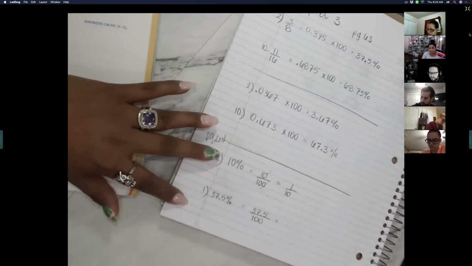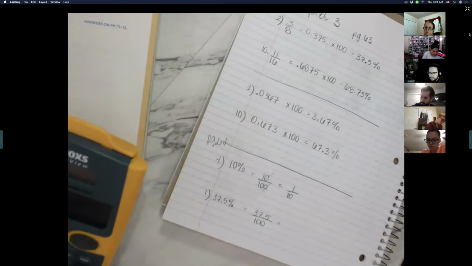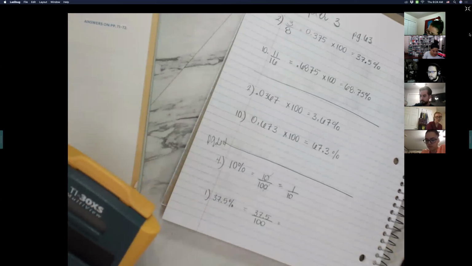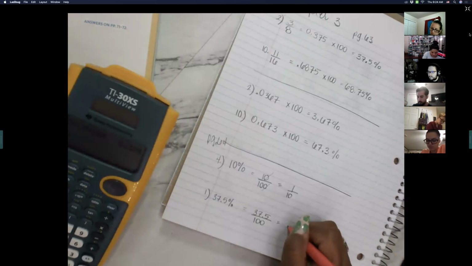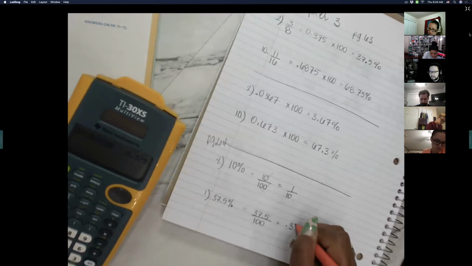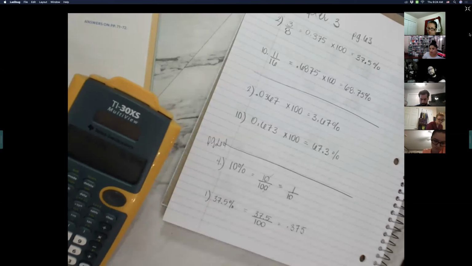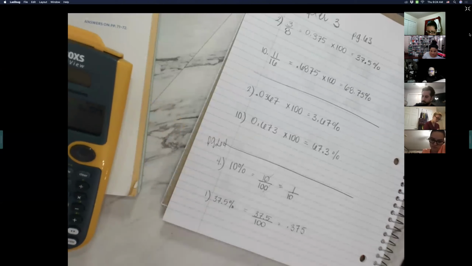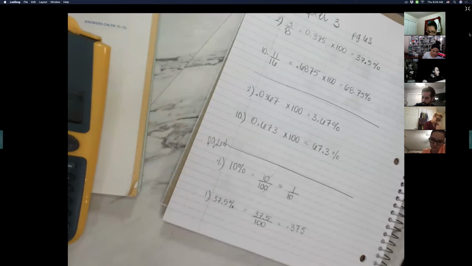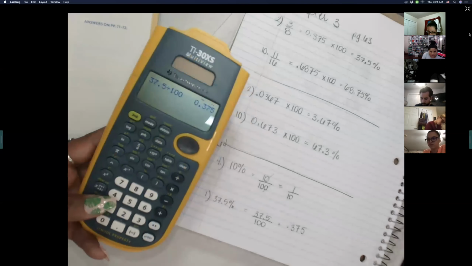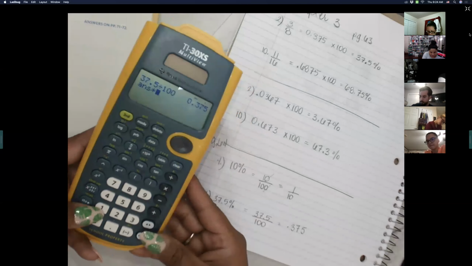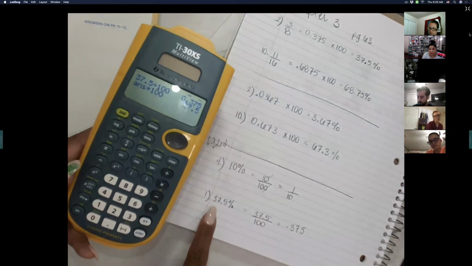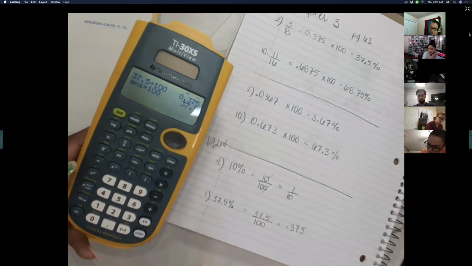You can just plug that into your calculator and get your decimal. And that's going to give you 0.375. Again, if I wanted to take my decimal and multiply it by 100, I would get back my 37.5%. Okay?